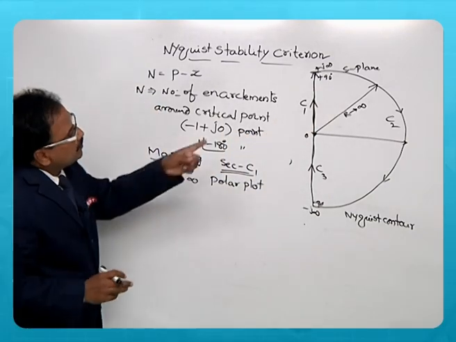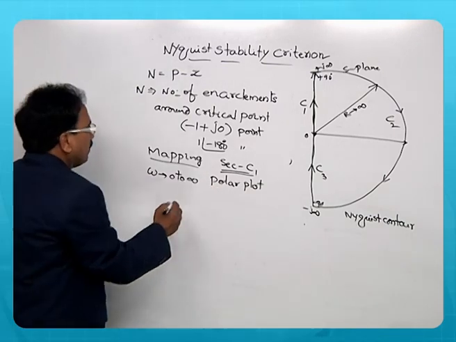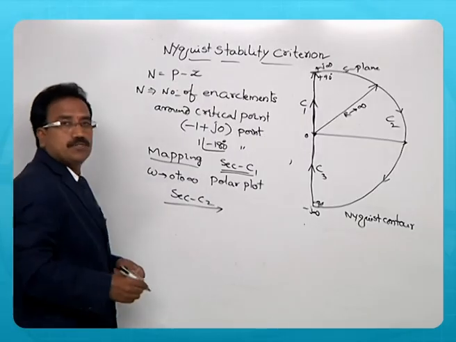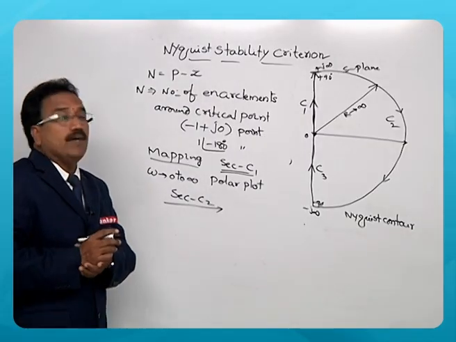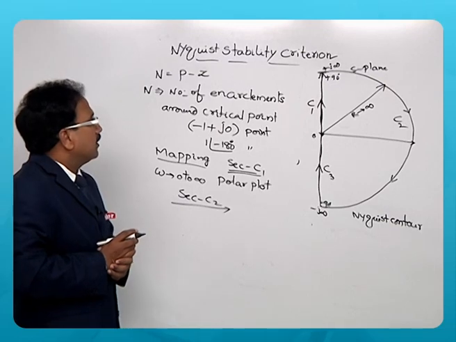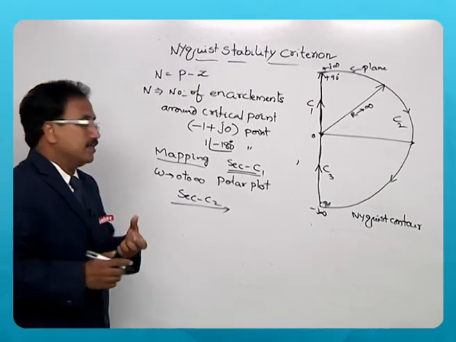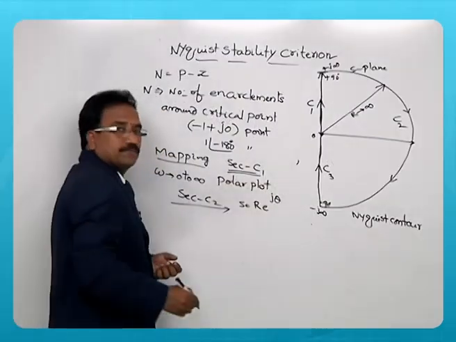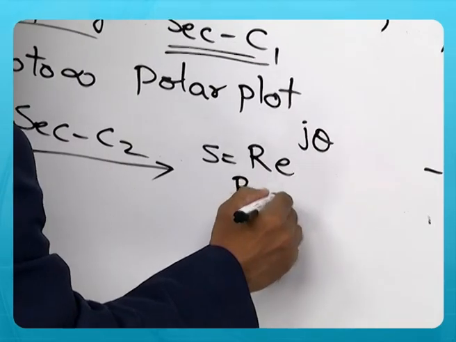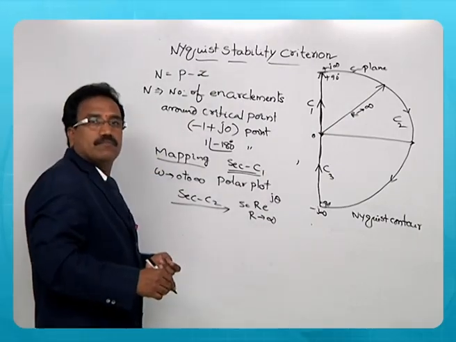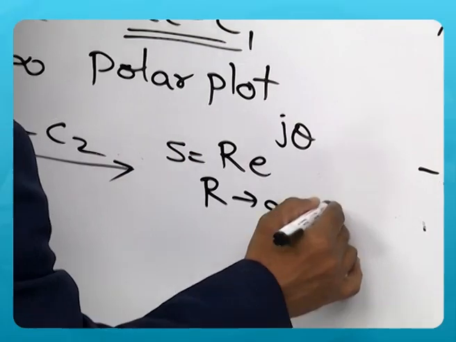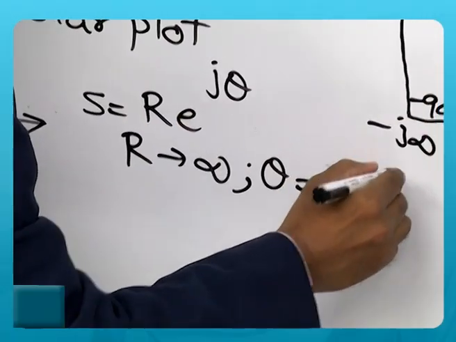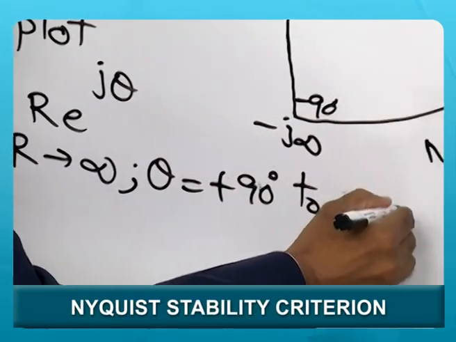Now let us look at the other section, the mapping of section C2. It is a very large infinite semicircle, and the value of S is equal to R e power j theta, where the radius of that semicircle is infinite, very high, and theta varies from plus 90 to minus 90.